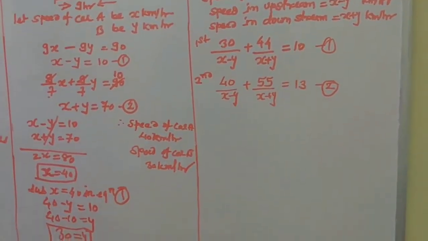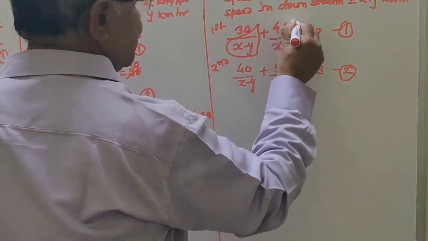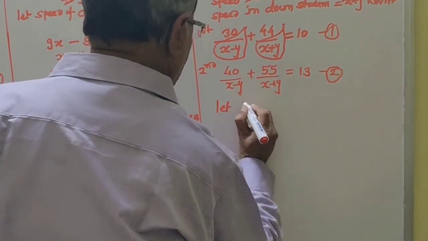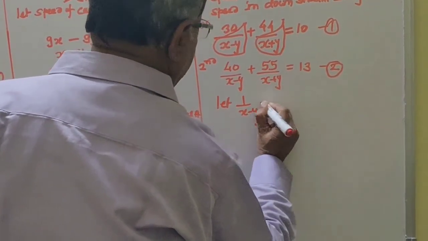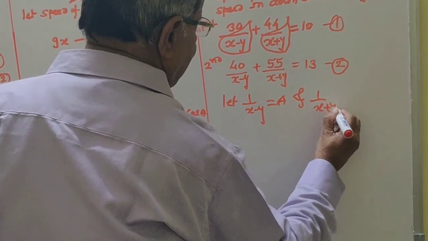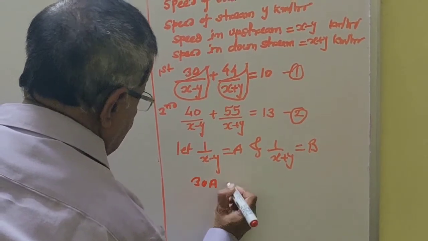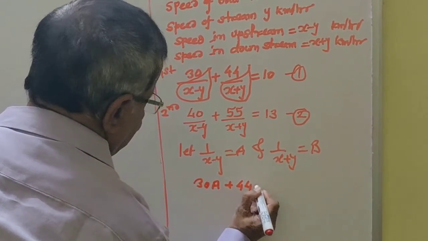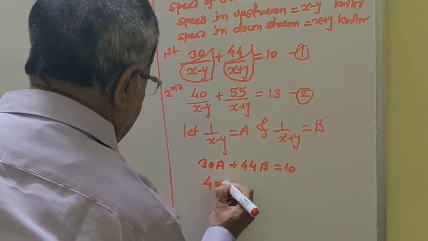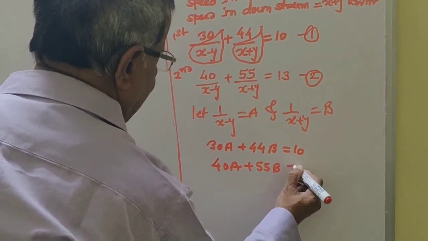Okay. Now this is the type of reducible form. So I have to convert this, substitute this by A and B. Now I am considering, let 1 upon x minus y is equal to A and 1 upon x plus y is equal to B. Now it will turn to be 30A plus 44B is equal to 10, and second equation will be 40A plus 55B is equal to 13.